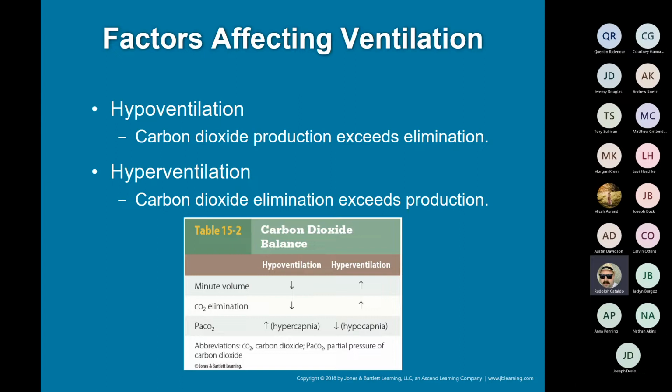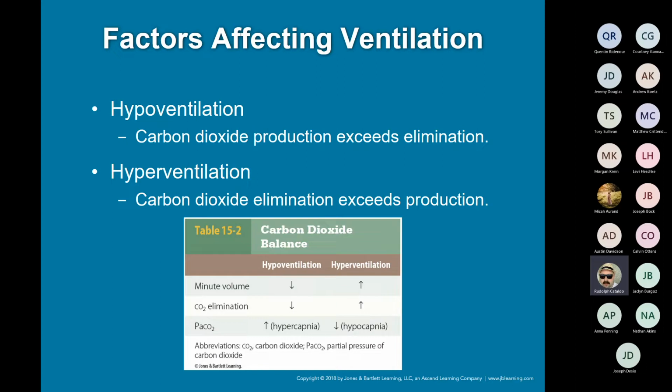The normal numbers that we're looking for carbon dioxide exhaled is 35 to 45. We want to see them in that range between 35 and 45. So in the case of hypoventilation, the patient has a buildup of carbon dioxide, that number is going to exceed 45. So maybe this patient's at 55, 60. That could be a red flag to you that maybe this patient isn't breathing adequately.